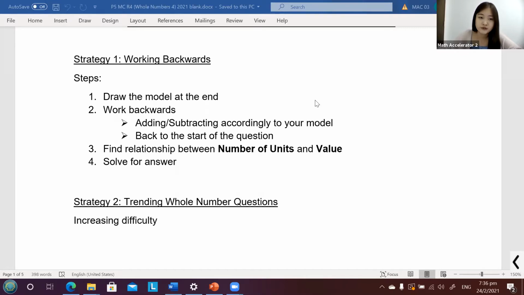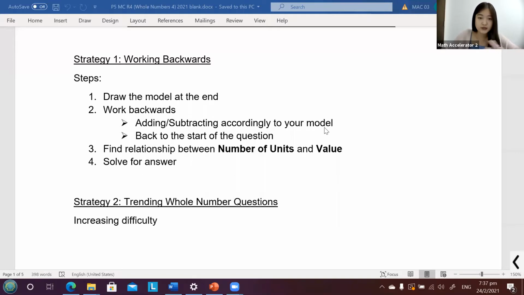We draw that first. Then we work backwards, adding or subtracting accordingly into the model, trying to work back to the start of the question. Then you find the relationship between the units and the value and solve for the answer.